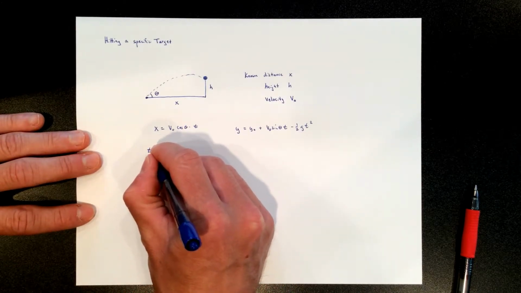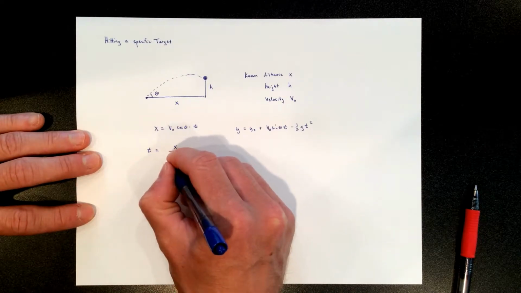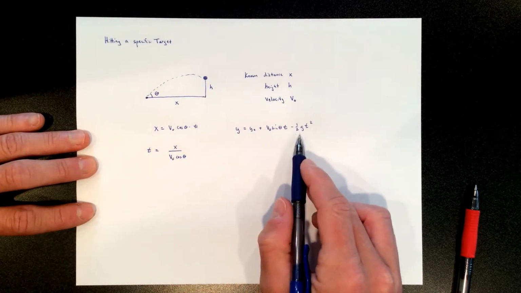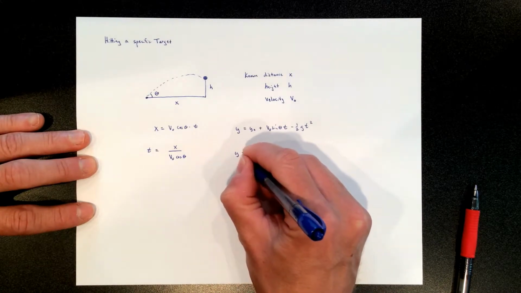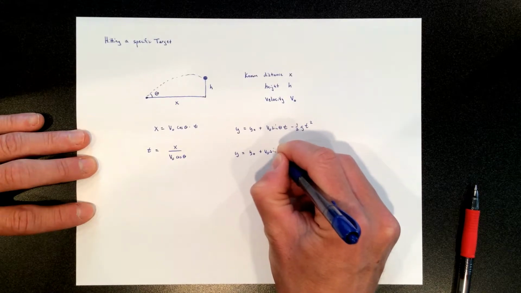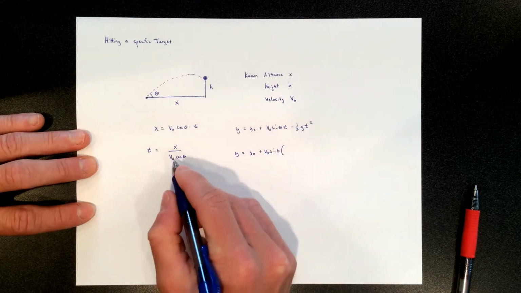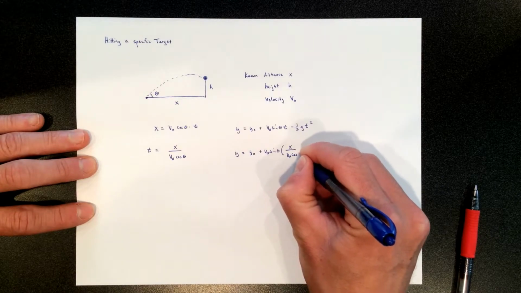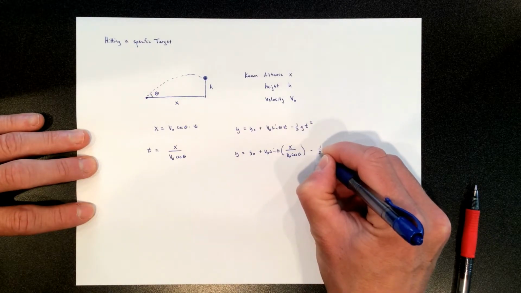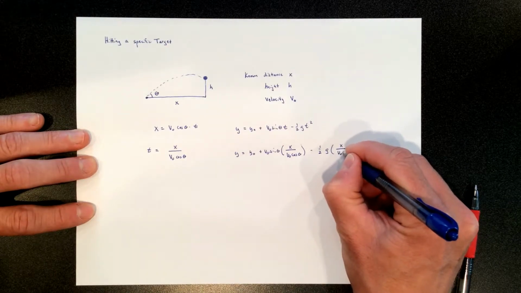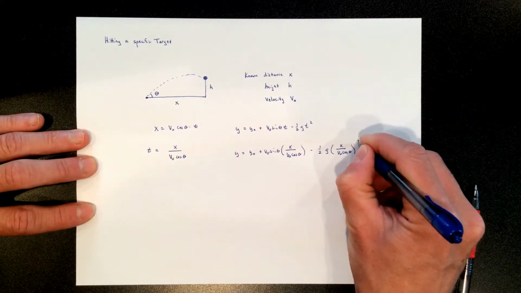So t is just x over v naught cosine theta, and then we substitute it in over here. y equals y naught plus v naught sine theta times t, where t is x over v naught cosine theta, minus 1/2 g times x over v naught cosine theta, squared.